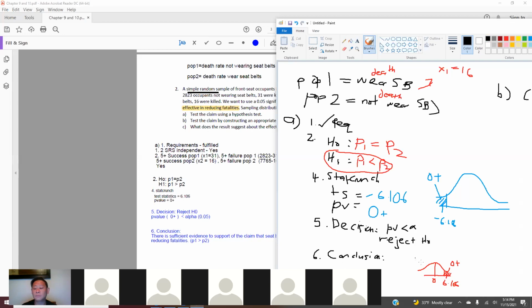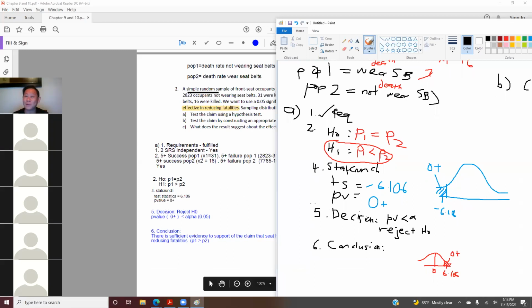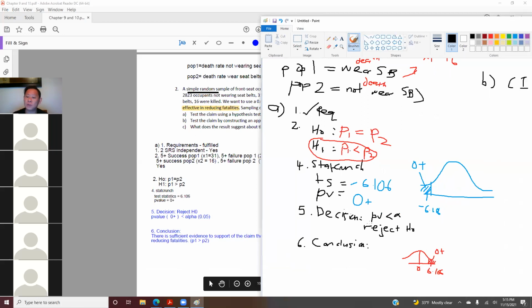So that doesn't affect the conclusion. That's the reason why, when you're doing your test, you can do it both ways. Your answer is a little bit off, but your conclusion is still going to be the same. Can someone tell me what conclusion you're going to make if you do it this way?